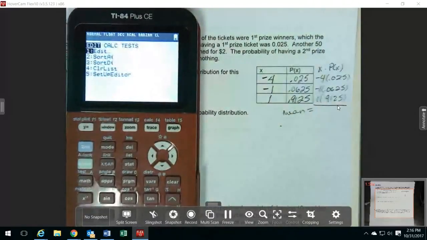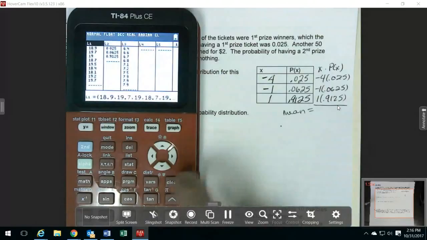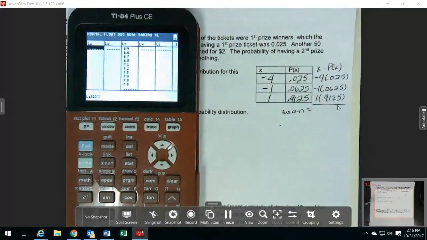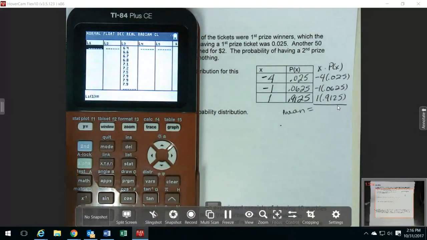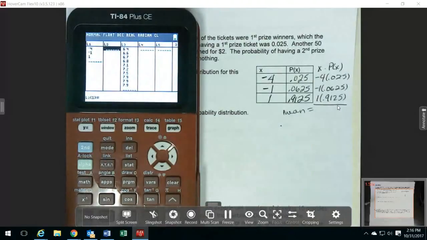I'm going to put this probability distribution into my calculator. So I'm doing stat and edit. I have to clear out the lists I have in here. So I'm putting the x values into L1, and then my probabilities into L2.